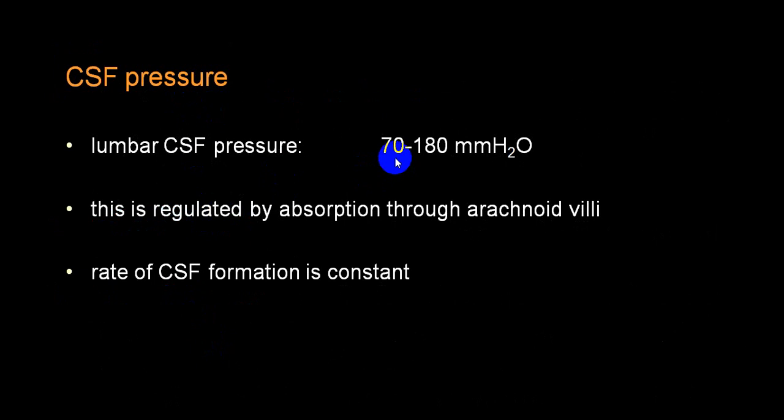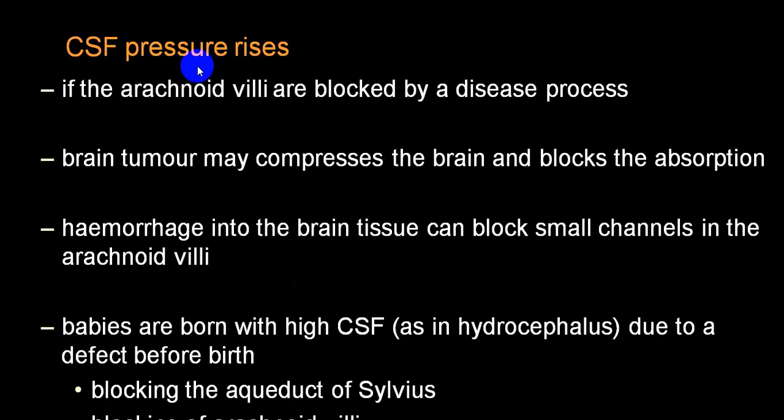CSF pressure is between 70 to 180 millimeter of water. This will help in regulating absorption through arachnoid villi, and it will also help in maintaining CSF formation. If CSF pressure rises, this can happen because of more formation, sluggish circulation, and decreased reabsorption.